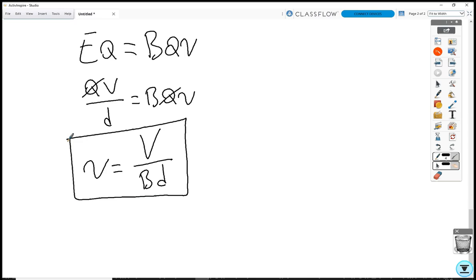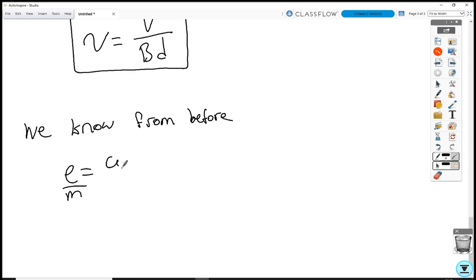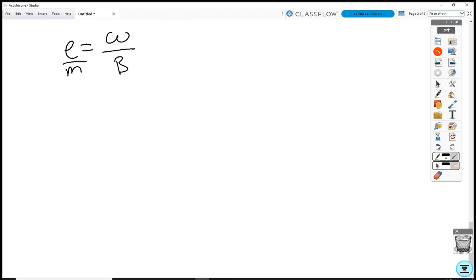Now, we know from before that E over M is equal to omega over B. We also know that omega is equal to v over r.